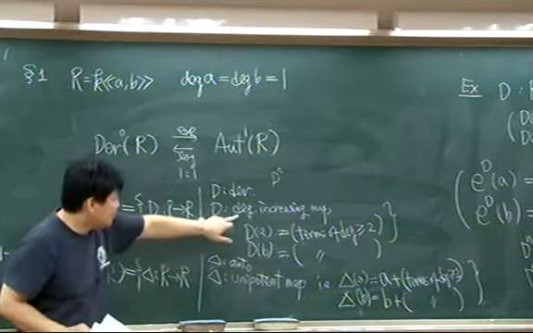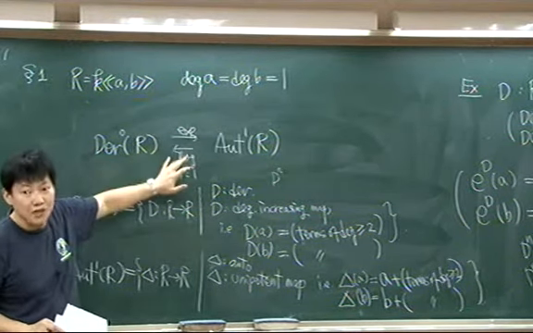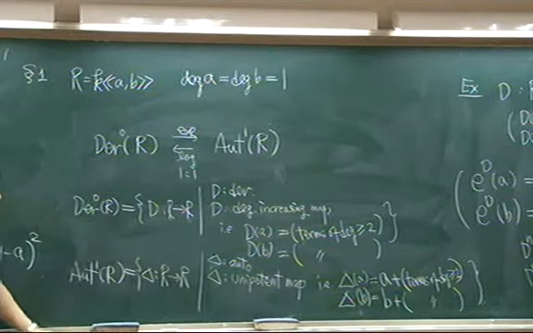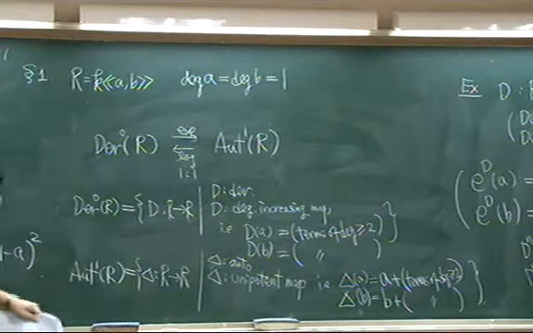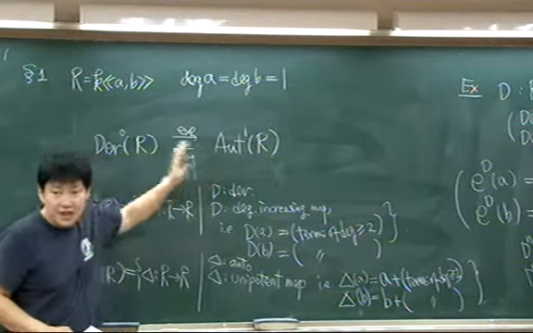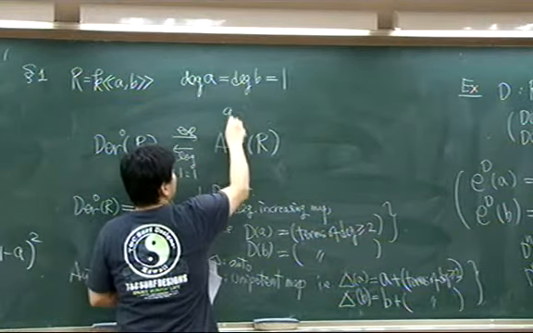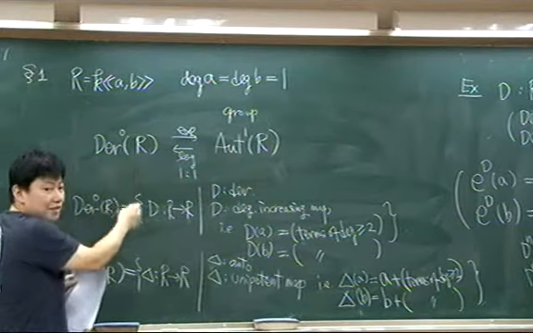So we need this condition to define the exponential and logarithm maps. And also, please note that this set of operations has an algebraic structure. So this one has a group structure, and this one has a Lie algebra structure.